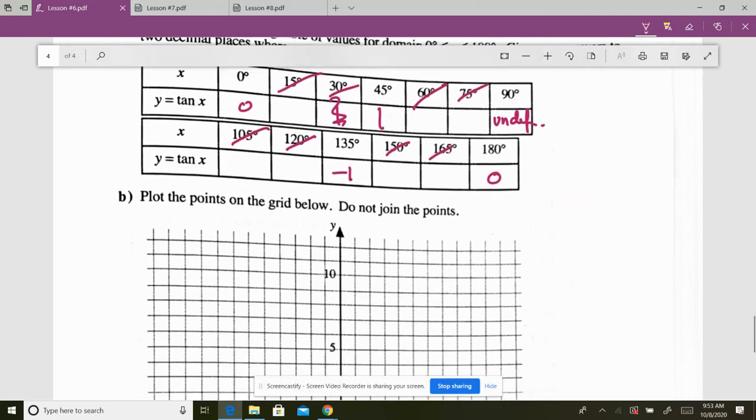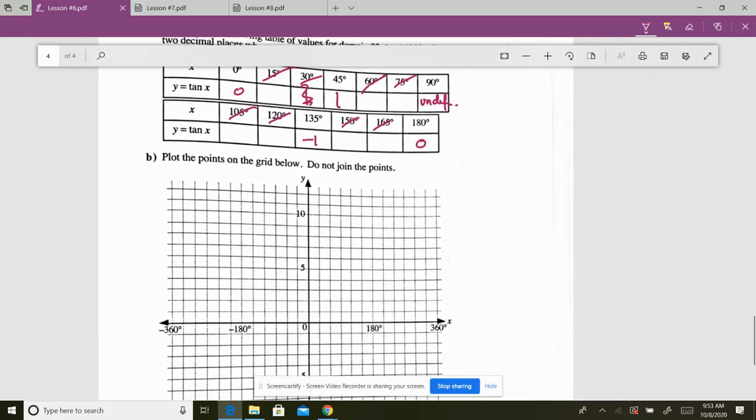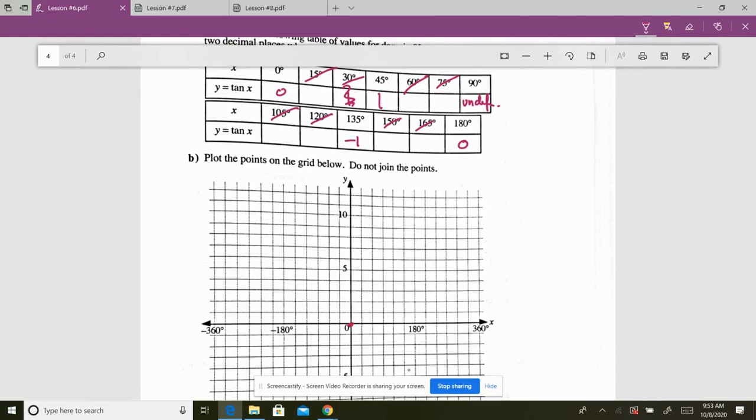So let's plot this. At 0, you get 0. At 45, that's 1. After that, guesstimate. You don't have to get this perfectly right. At 90 degrees, this one is important, so half of 180 is here.